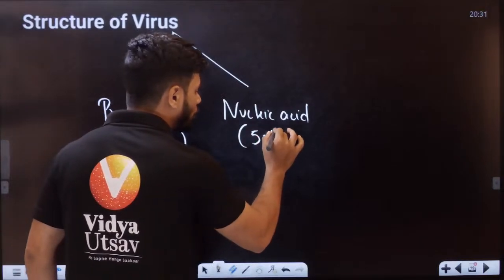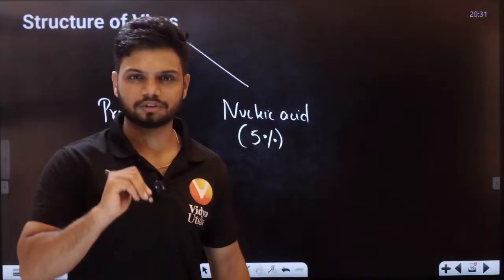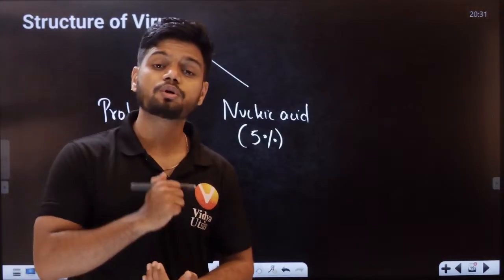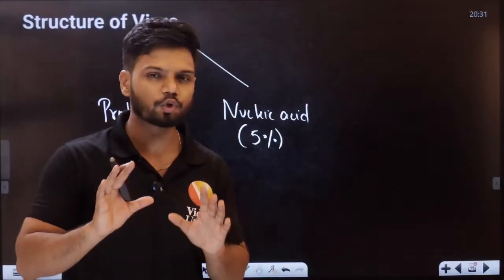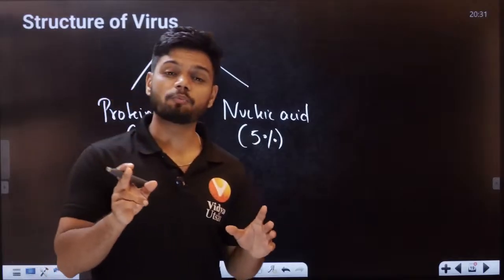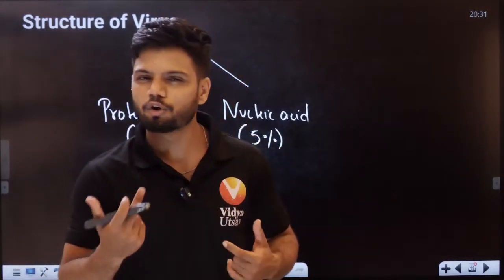Now students, I want all of you to understand. This nucleic acid is of two types. Now all of you might be confused. Sir, what is this nucleic acid? What is the nucleotide? What is the nucleoside? What is heteropolysaccharide? What is homopolysaccharide? What is inulin? What is cellulose?